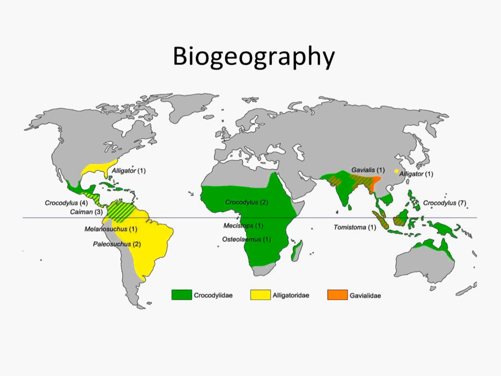So next, this concept of biogeography, which features very importantly into the study of ecology. This is the distribution of species across the world in different patterns. This is a picture of the different types of crocodiles that exist all over the world, and you can see there is generally a pattern to them.